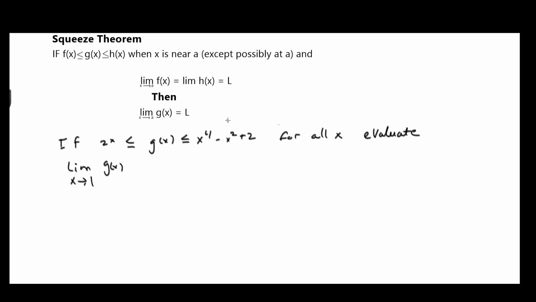So once again, same thing. We just take a look here. We can use this 2x function for our f of x, and then for our h of x, we can use this function.